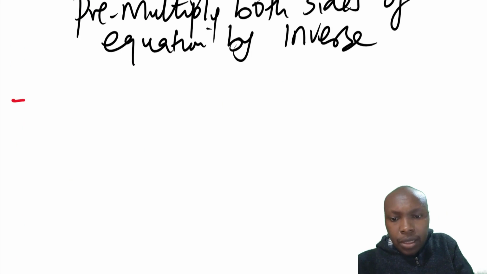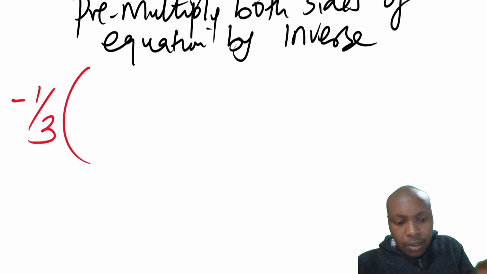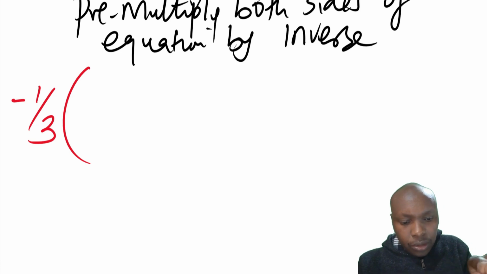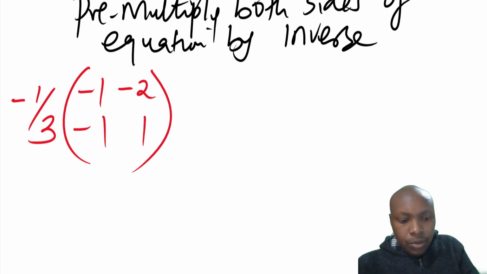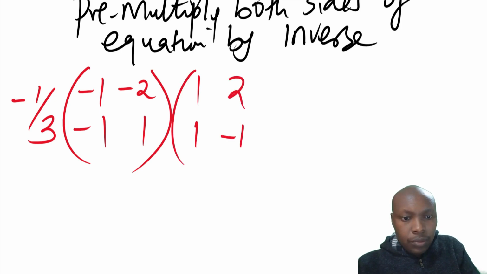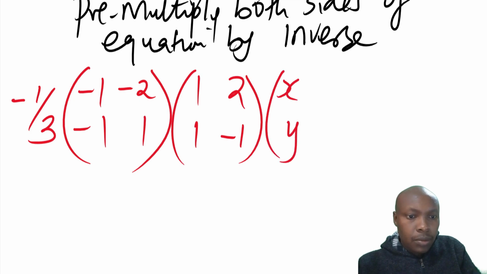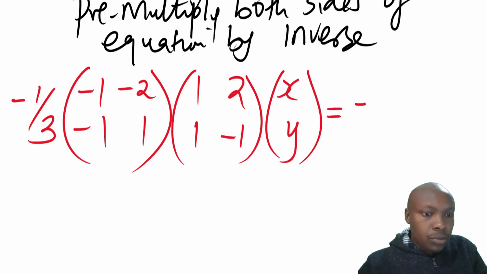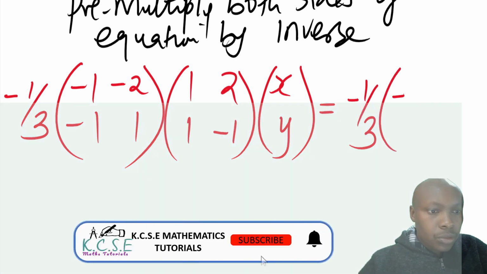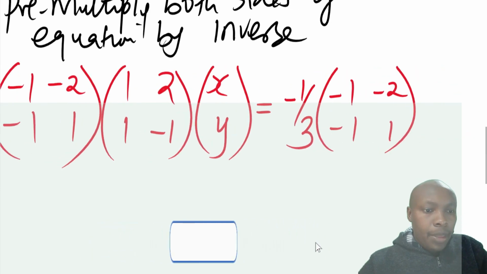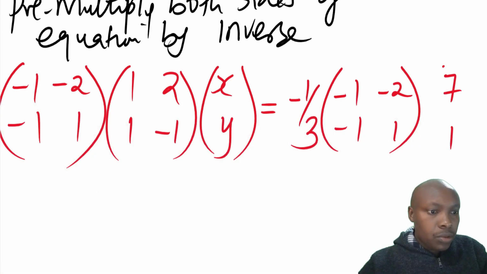So we have negative a third, then negative 1, negative 1, negative 2, 1, multiplied by the matrix 1, 1, 2, negative 1, and then x, y. On the right-hand side, we pre-multiply again: negative 1, negative 1, negative 2, 1, and then 7, 1.